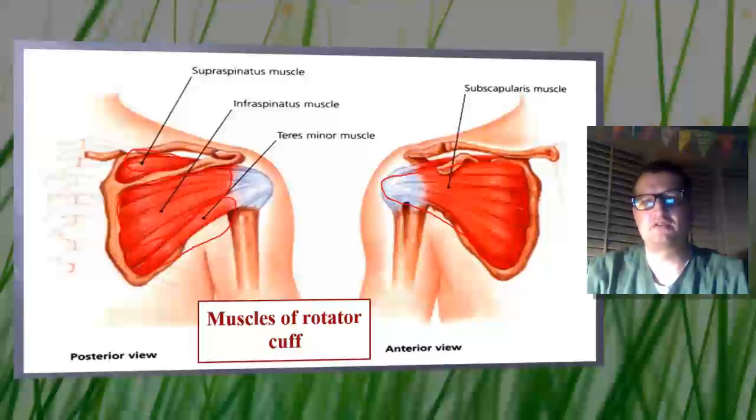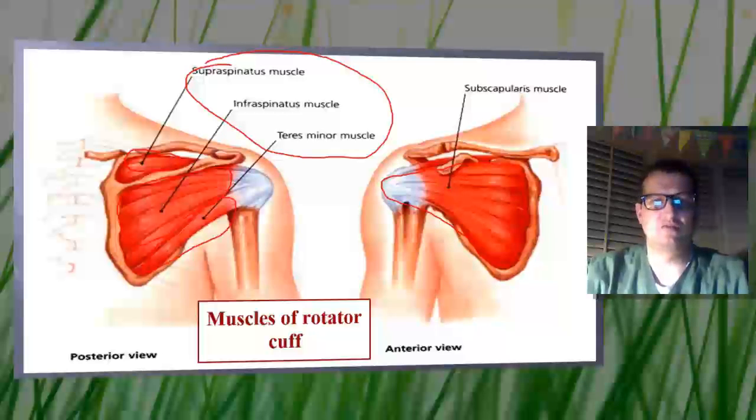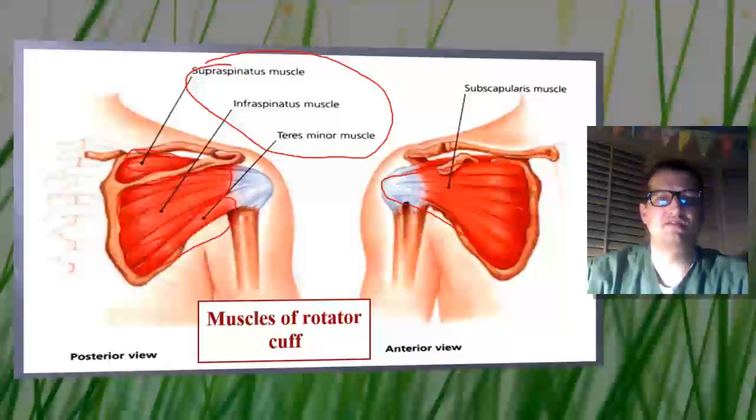The subscapularis forms the anterior part of the rotator cuff, and these three muscles form the posterior aspect of the rotator cuff. The shoulder joint has the greatest range of motion, but it also is the most susceptible to injury.